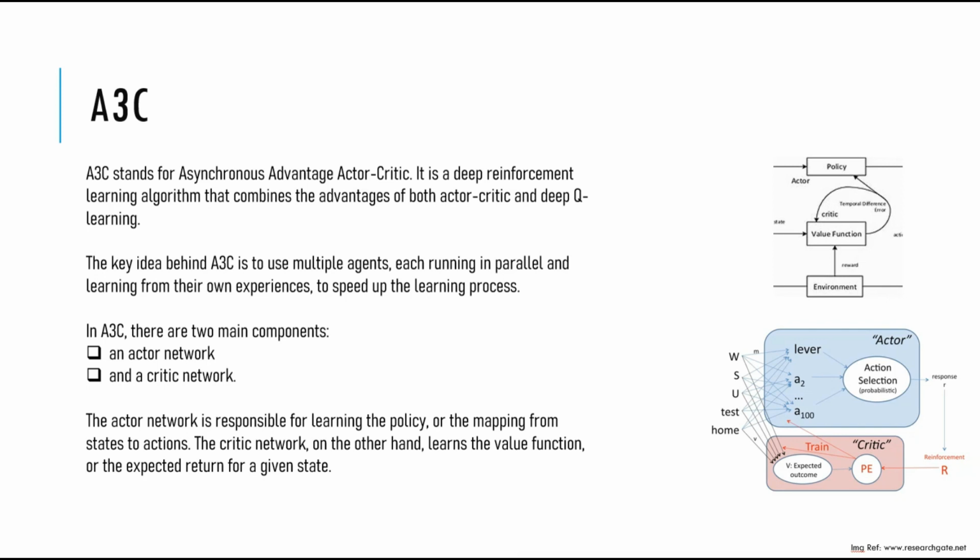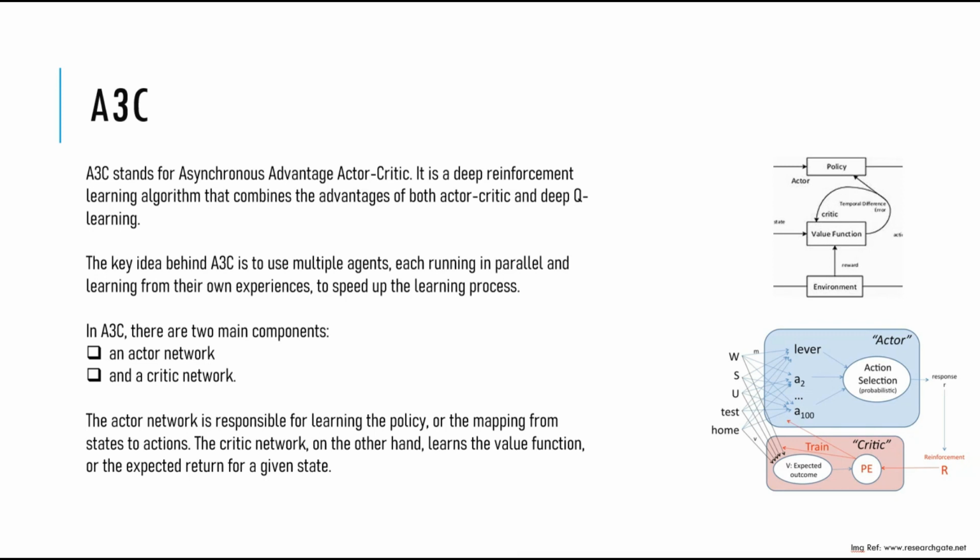On the other hand, AC, or actor critic, is a family of reinforcement learning algorithms that combines the benefits of both value based and policy based methods. It involves maintaining two neural networks: the actor network, which learns the policy by directly mapping the state to action, and the critic network, which learns the state value function by estimating the expected return from a given state.